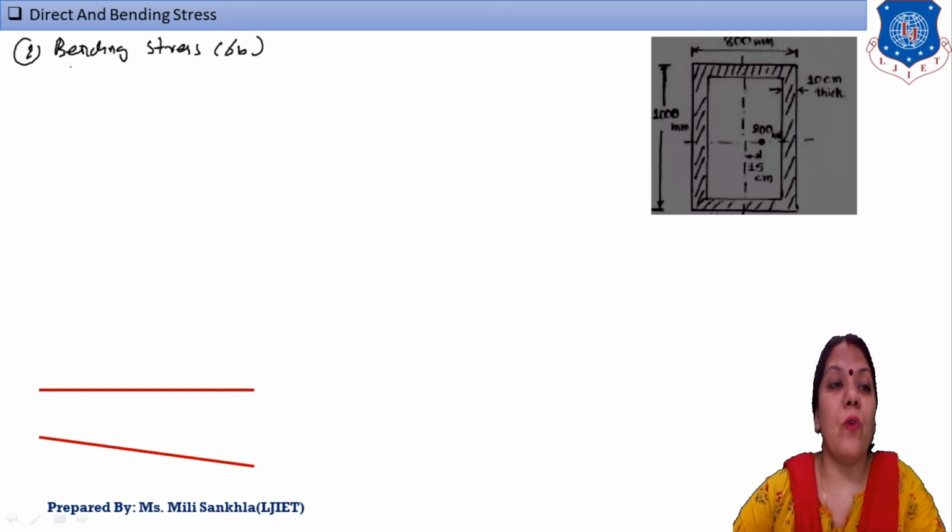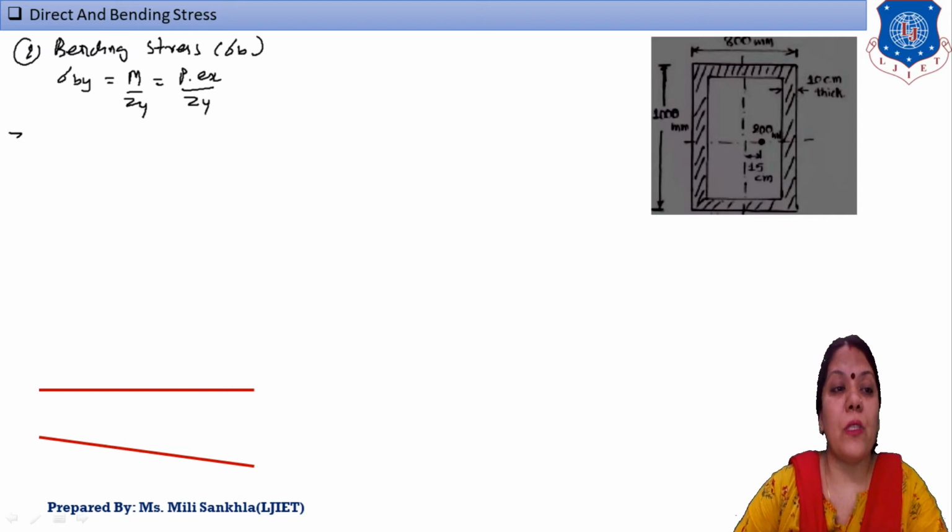Now sigma by is equal to M by Zy, where M is equal to P into Ex. Section modulus about the y-axis is equal to inertia about the y-axis divided by y.